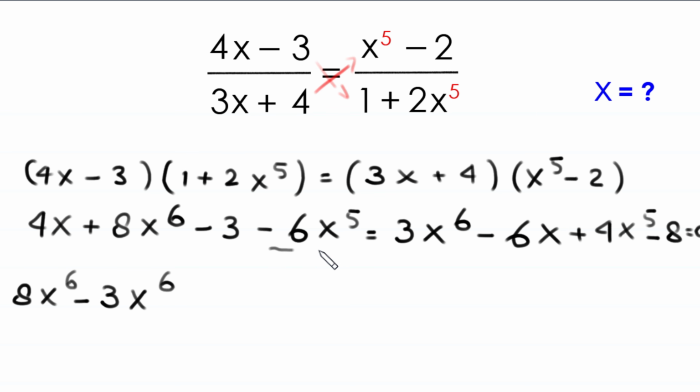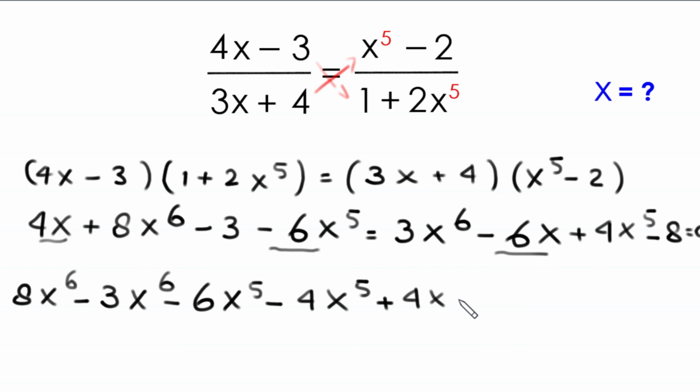Then this negative 6x^5, negative 6 times x^5. This 4x^5 will become negative 4x^5, and then we write this 4x plus 4x. This negative 6x will become plus 6x. This negative 3 stays negative 3, and this negative 8 will become plus 8 equal to 0.